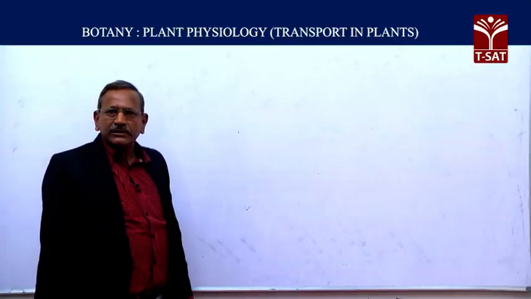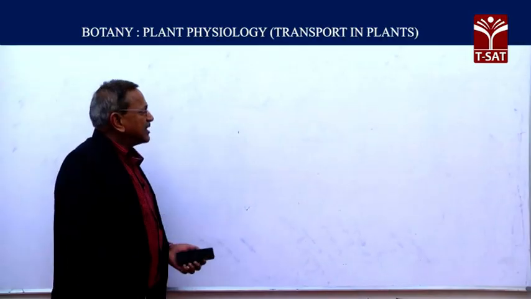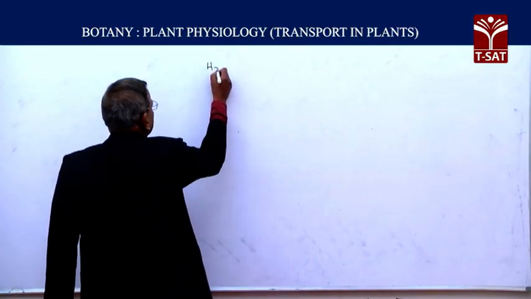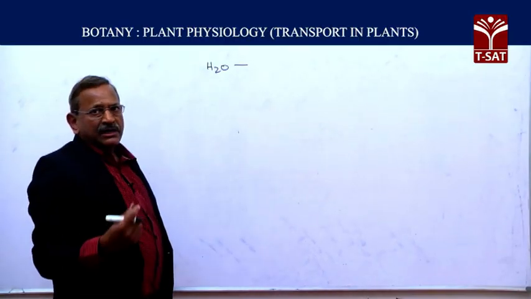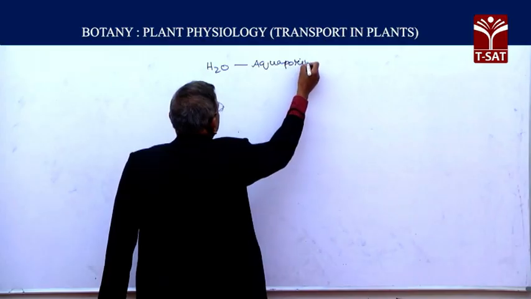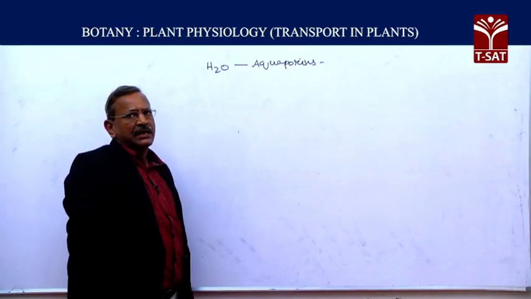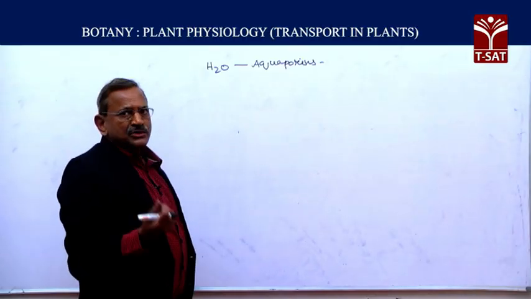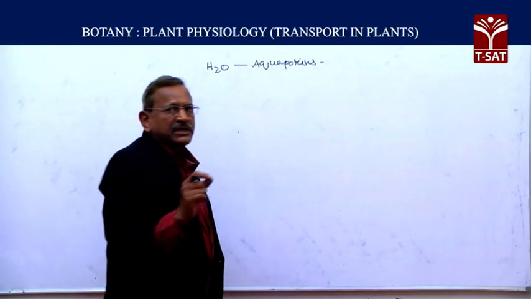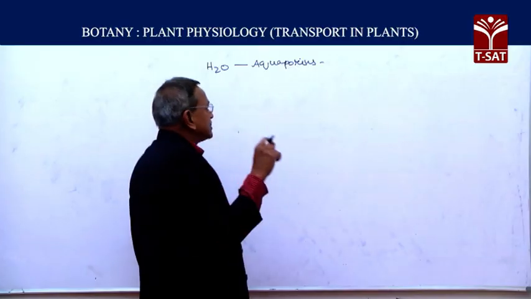Now let us try to conclude the means of transport in plants. As for means of transport, first, what is to be transported in the plant body? Water. Through what part is water transported? Through aquaporins. Eight different ring-like proteins are arranged forming a channel through which water moves across the membrane, and these aquaporins allow movement of water, what we call osmosis, and also water soluble solutes.